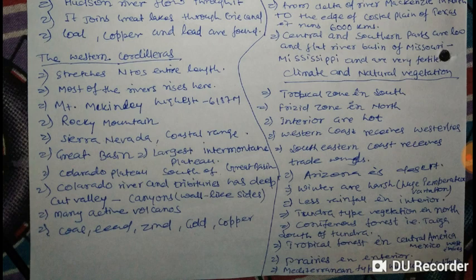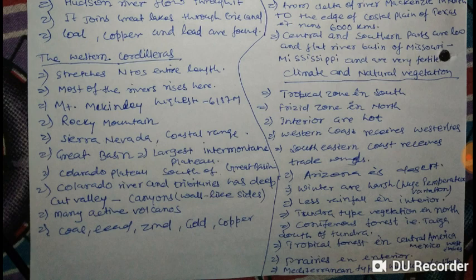Next one is climate and natural vegetation. Let's talk about this. First point is tropical zone in south. In the south part of North America, the climate type is tropical. Next is frigid zone in north. Because of the very close proximity to the Arctic Ocean and North Pole, the climate is frigid in the north part of North America.